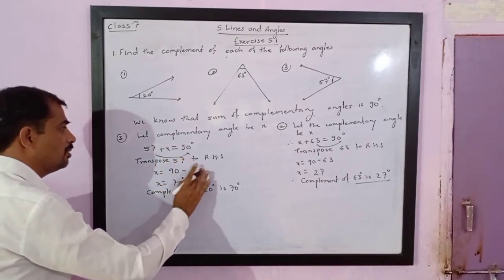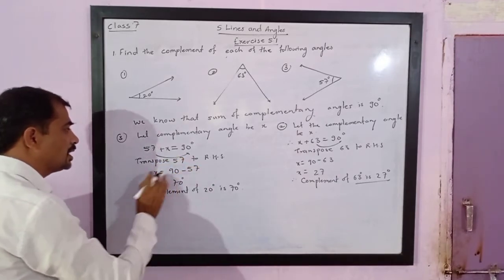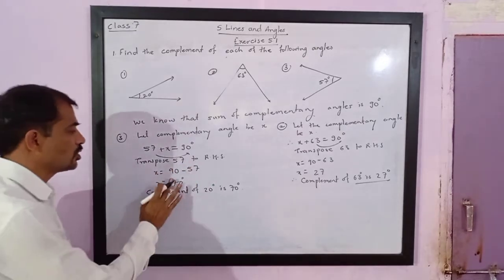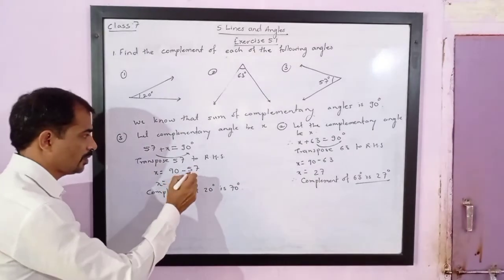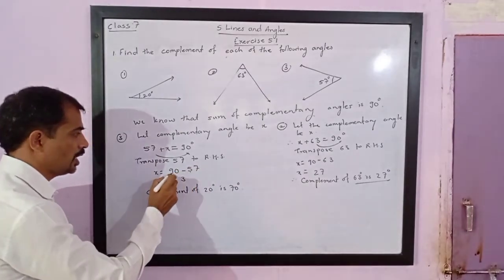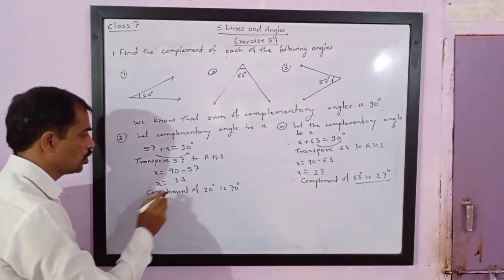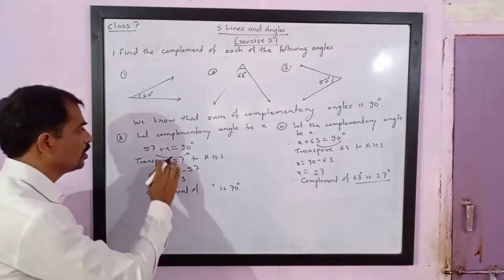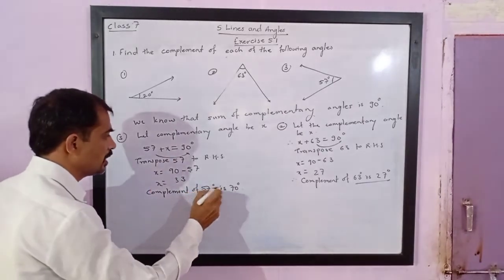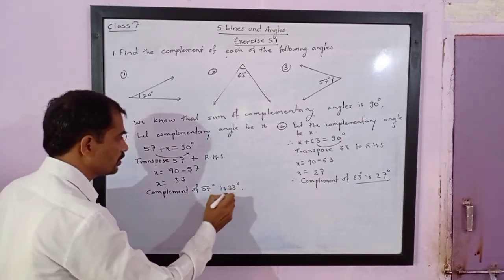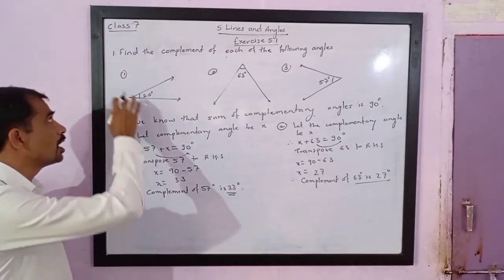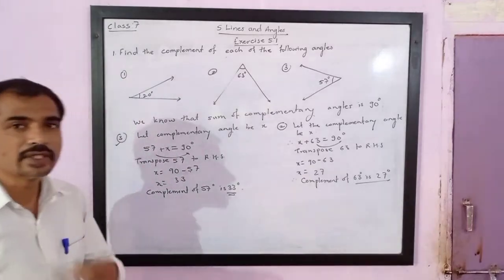You will get x is equal to 90 minus 57. So this becomes 10 minus 7 is 3, 1 borrow written, 9 minus 6 is 3. So the complement of 57 degrees is 33 degrees. This is the third sub question of the first question.